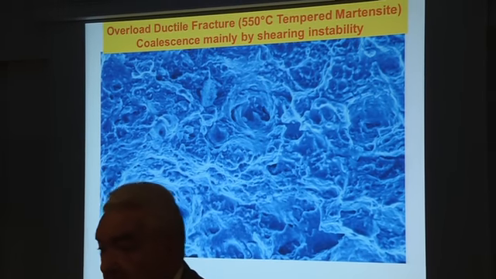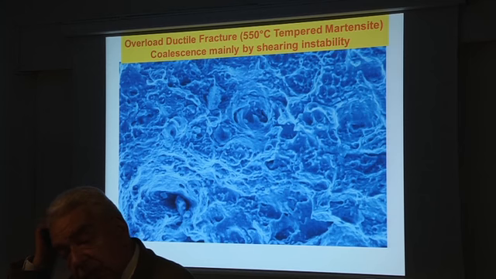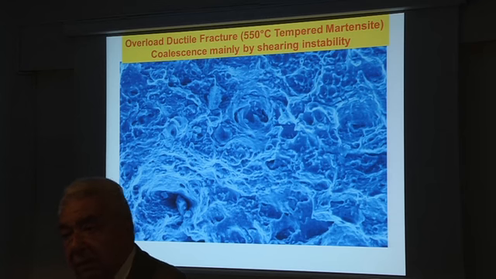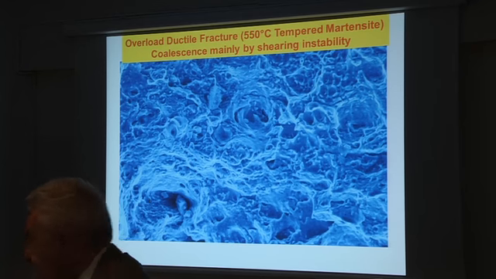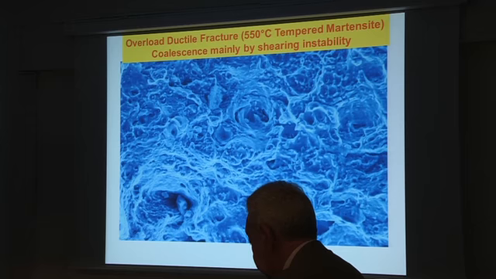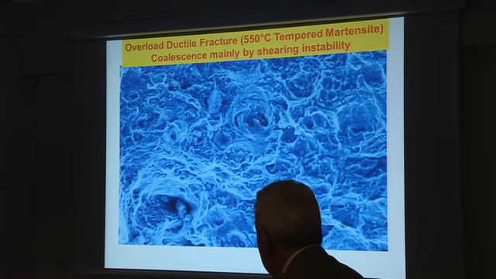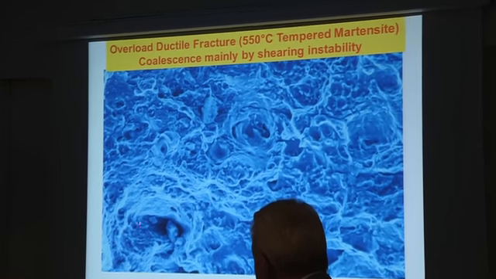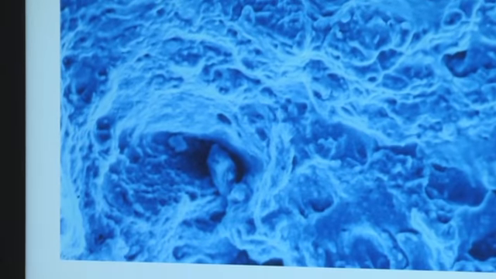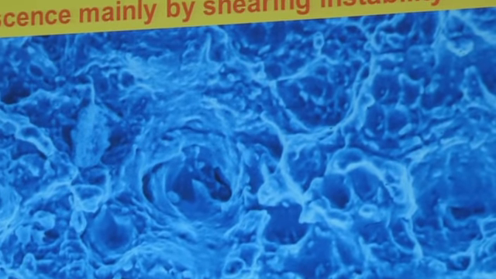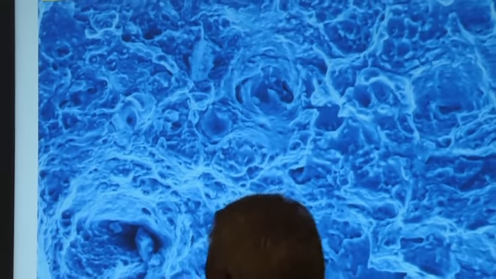This is a similar nickel chromium molybdenum steel, 0.4% carbon, quenched and tempered at 550 degrees C. And here you see the non-metallic inclusions that generate the previous voids, and then the ligament between them mostly fails by shearing instability with some small nucleation of carbides.